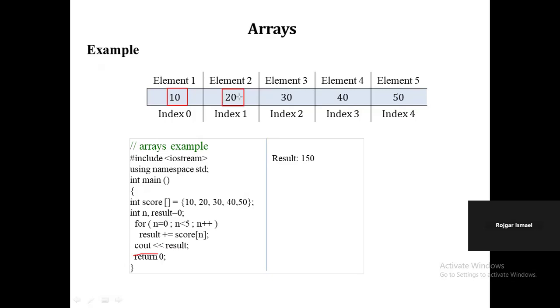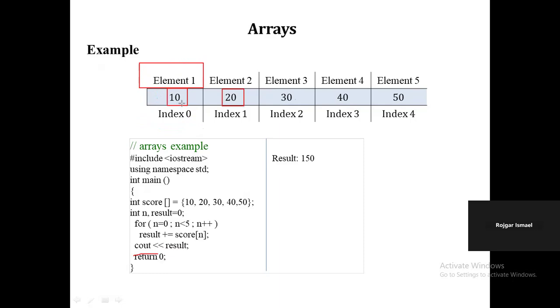This is the array values. So the array value 10, its element is 1. So the element number of the array value 10 is 1. This is the value, this is the element 1. So the element 1 contains the value of 10.